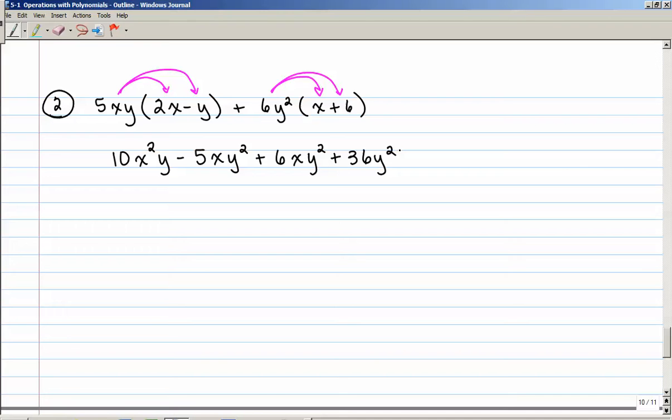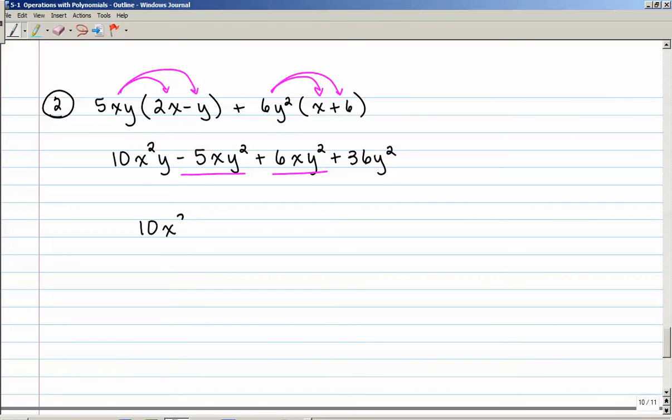Now I need to check and see if I have any like terms. Remember, my like terms will have exactly the same variables raised to exactly the same powers. Here I have an x squared and a y, and I don't have any other x squared y's. Here I have an x and a y squared, so I actually have one here, and this is also an x with a y squared, and this is a y squared. So I can only combine those two in the middle.